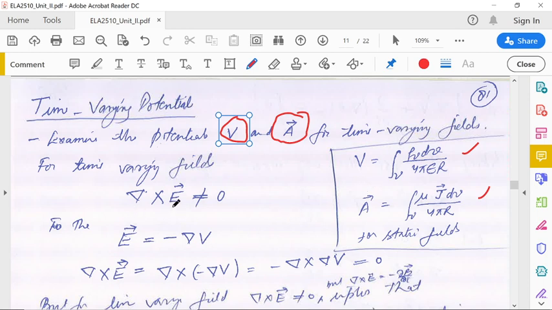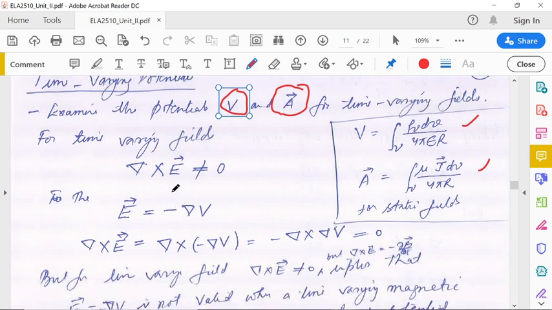So let's start with Maxwell's equation. We know that for the time varying fields, curl of E is not equal to 0. Rather, it is equal to minus del B over del t. Also, we have seen that E can be written in terms of the gradient of V, so E is equal to minus gradient of V here.